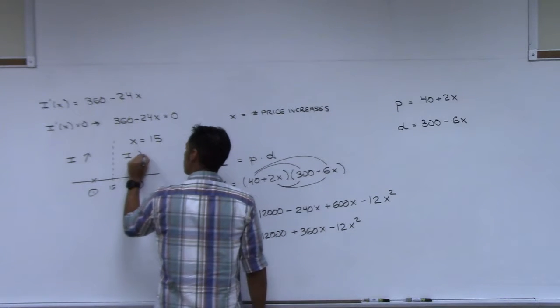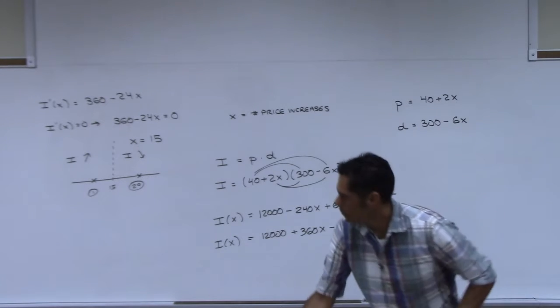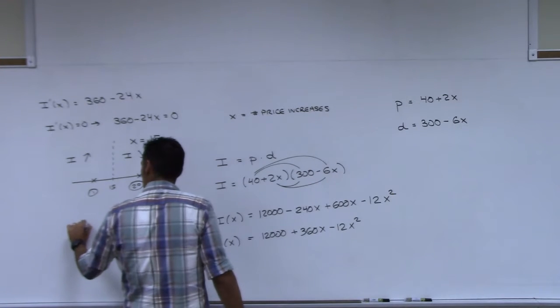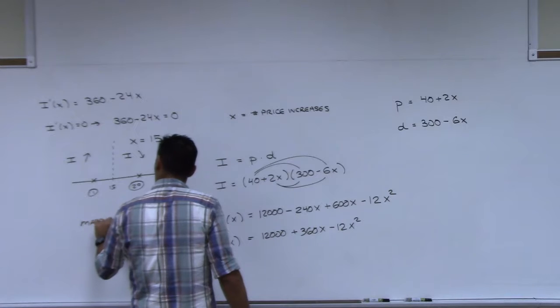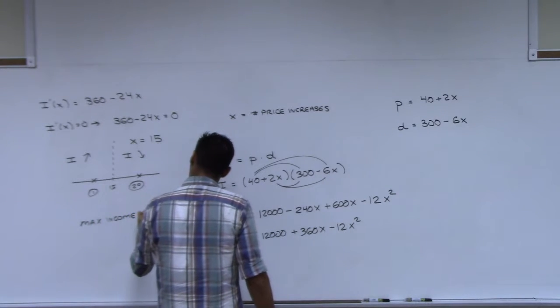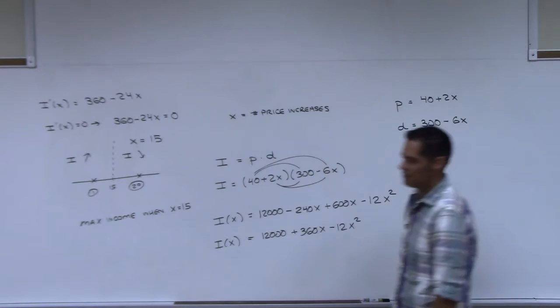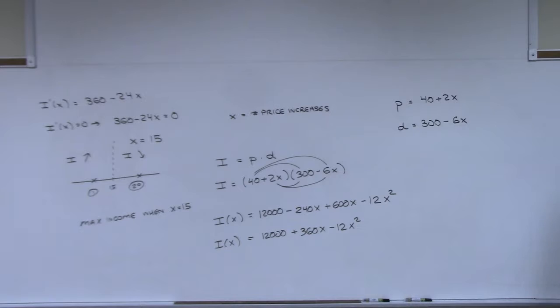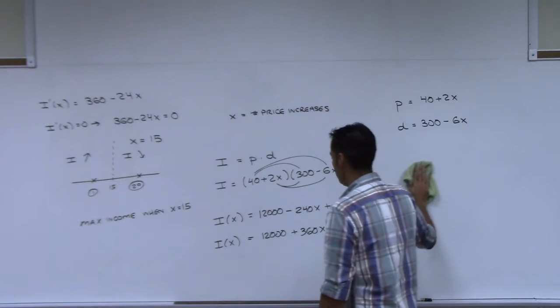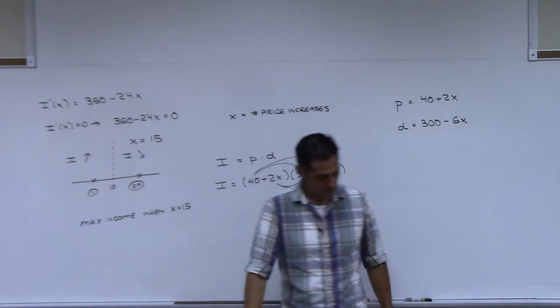That means our income function is decreasing there. So that means we have a maximum income when x is 15. Interesting. X is 15.